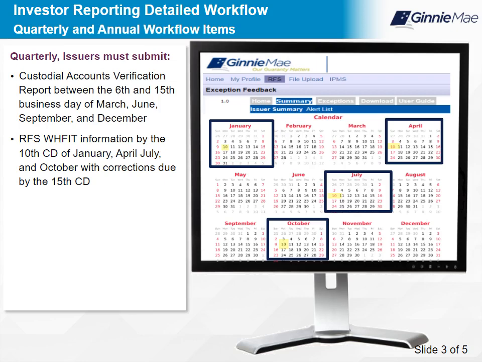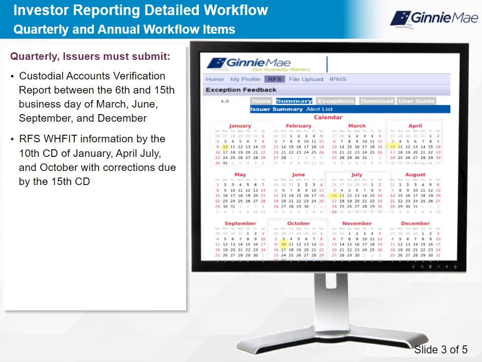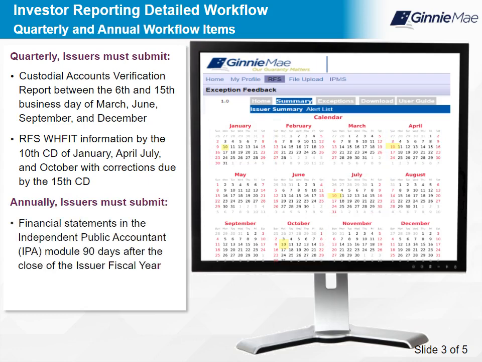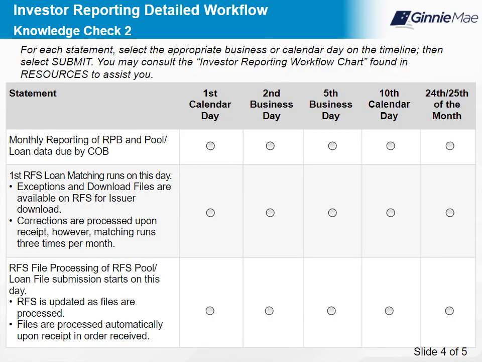Corrections are due by the 15th calendar day of the month on a quarterly basis. On an annual basis, issuers must submit the financial statements in the Independent Public Accountant (IPA) module 90 days after the close of the issuer fiscal year. Finally, their master agreements must be submitted by December 31st. Select Next to continue. Now, try this knowledge check.